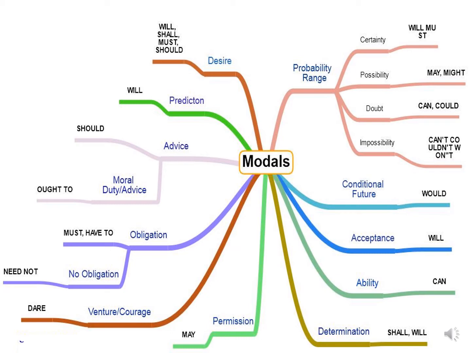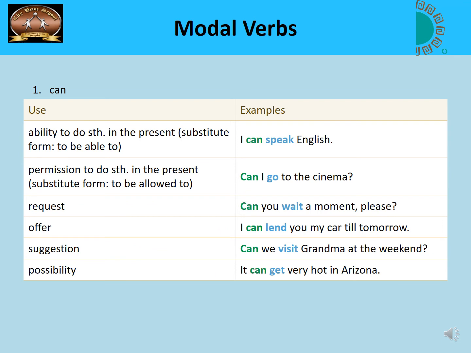So try to study this mind map carefully, which will give you a very good understanding of modals used at different times. Now, these are some examples of can. Ability to do something.